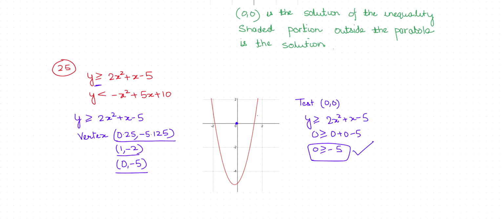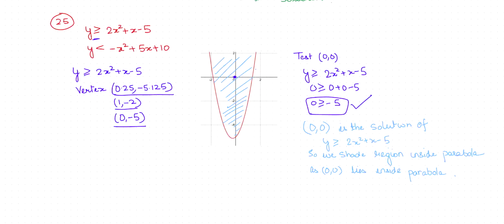So we will shade the inside part of the parabola, as 0, 0 is part of the solution and it lies inside the parabola. So let's do the second inequality and graph that.